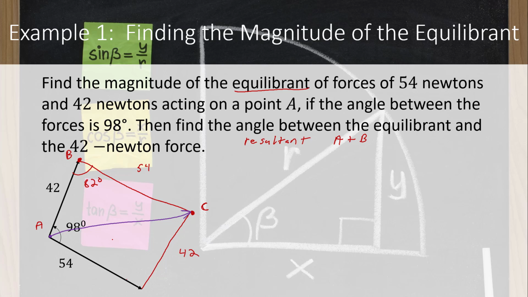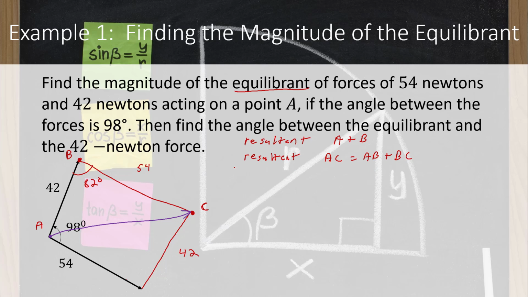And now we have everything we need to compute the magnitude of the resultant and also the magnitude of the equilibriant. But also notice that since we labeled these things, we can call the resultant the vector AC, which is equal to the vector AB plus BC.